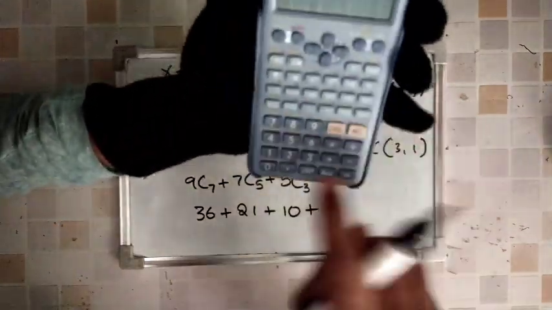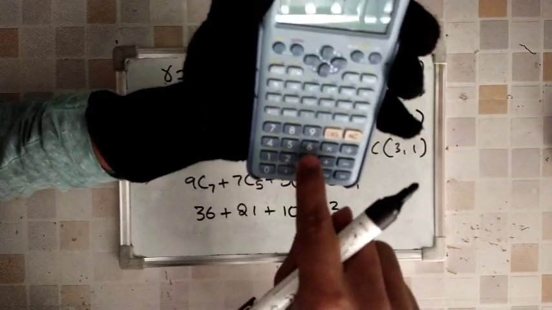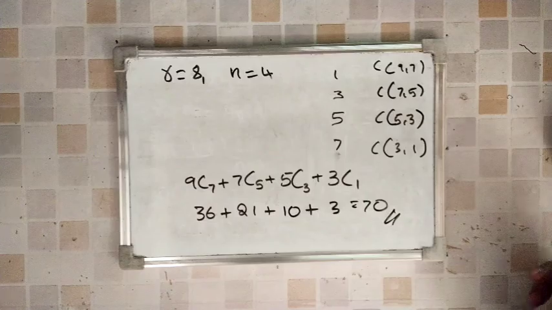So now I will add 36 plus 21 plus 10 plus 3, which gives me 70. So this is my answer for the second question.